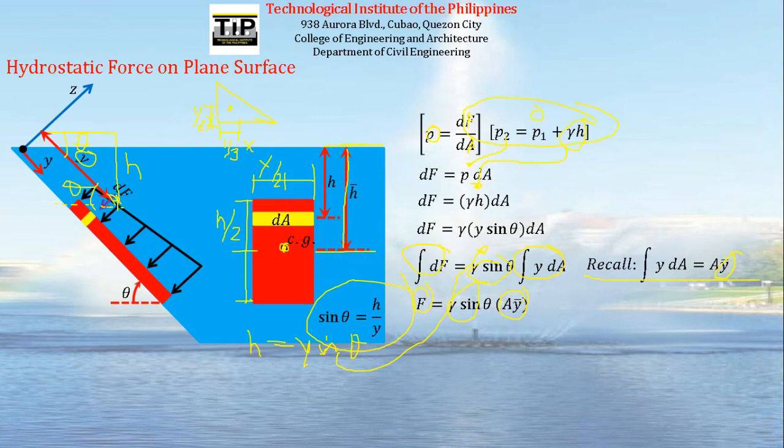Now let us continue. So y bar is equal to h bar pala. Okay. So height or distance from the surface to the center of gravity. Ito yan. Okay. So nireflect lang dito. Yung center of gravity natin andito.